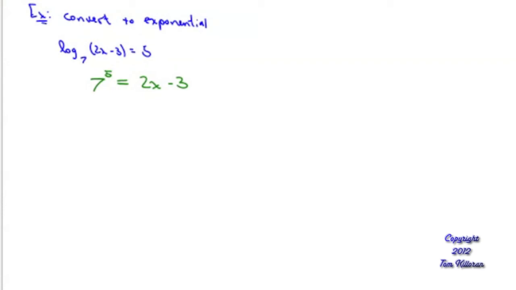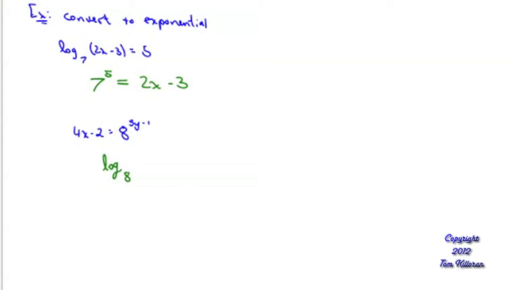All right, what if I want to go the other way? What if I have 4x minus 2 is equal to 8 raised to the 5y minus 1? How would I change that into a logarithm? Well, to change it into a logarithm, the first thing you write down is log. And then you determine what the base is. What's the base here? It's 8. That's the only thing that's in the base is 8. Everything else is a power or just a number.